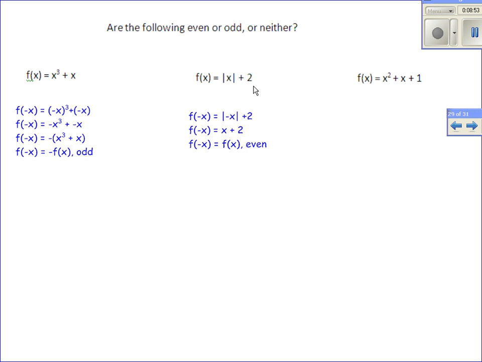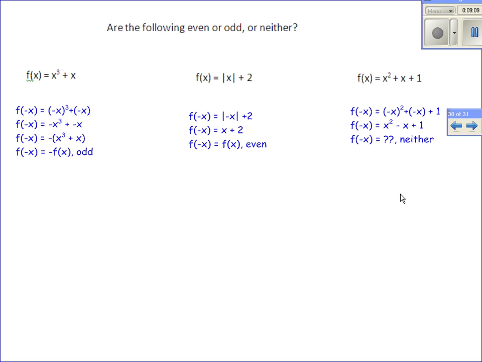For f of x is the absolute value of x plus 2, replacing the x with negative x, the absolute value of negative x is just the absolute value of x. So this f of negative x is equivalent to the original function f of x, and it's what we call an even function.